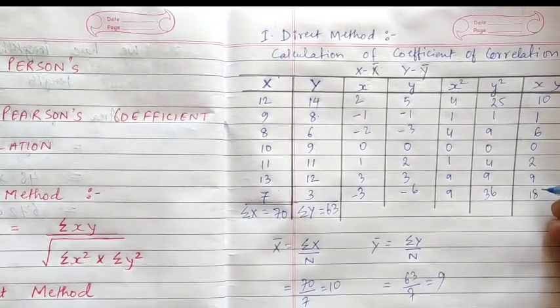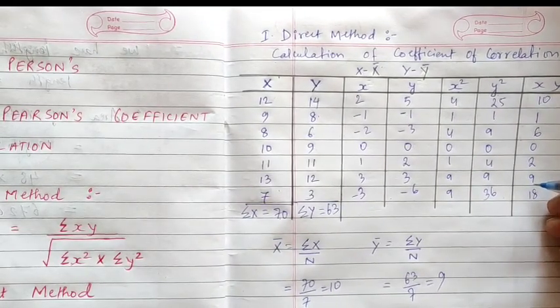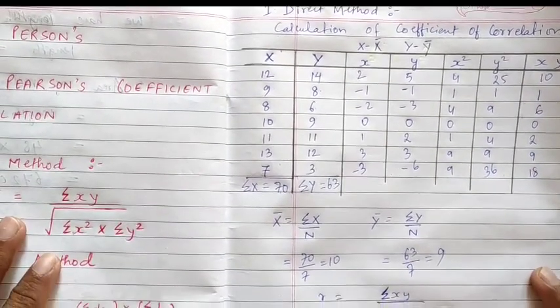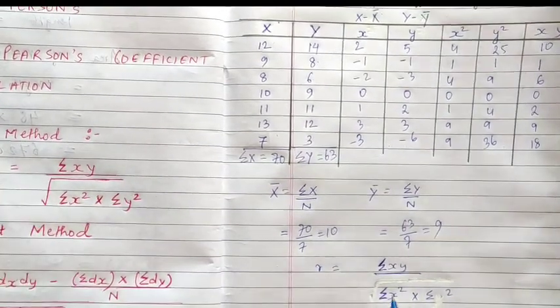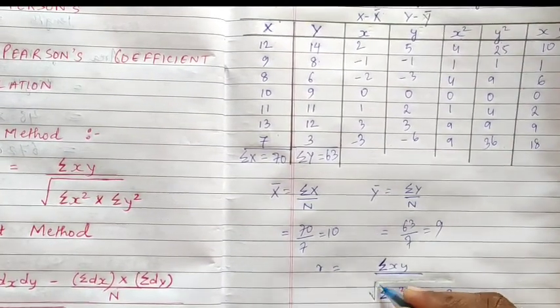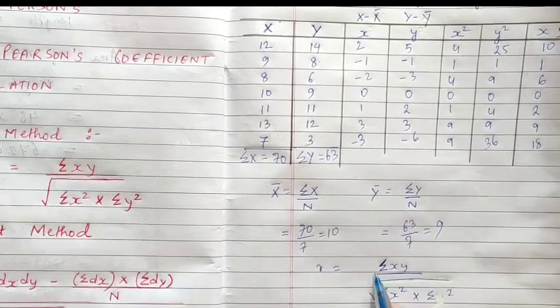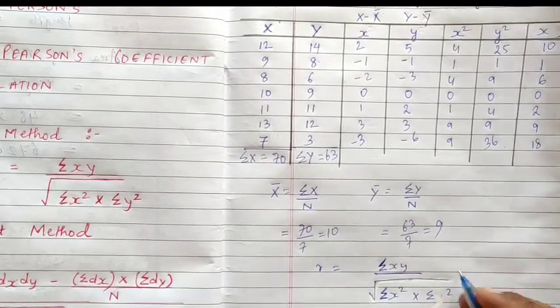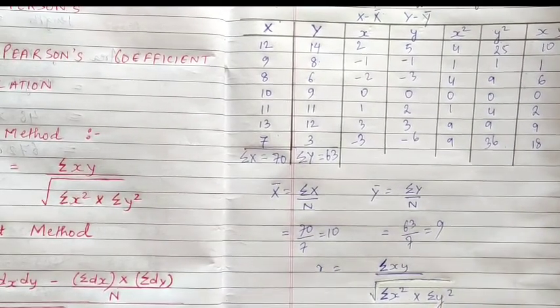Minus minus becomes plus. Now in the formula you can see there summation xy divided by under root summation x square into summation y square. Clear?